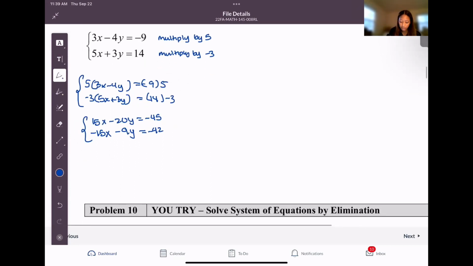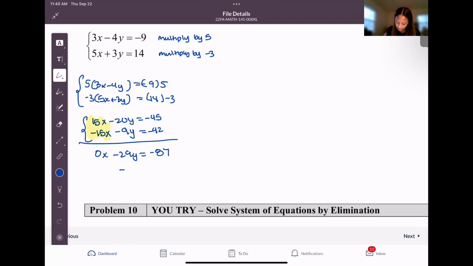Once we get to this part, those x's have opposite coefficients. Life's great. Then we can add the two lines together. So we get 0x minus 29y equals negative 87. So we get negative 29y equals negative 87, and then dividing both sides by 29, 87 divided by 29 is 3.